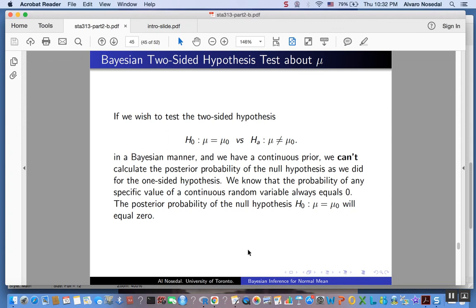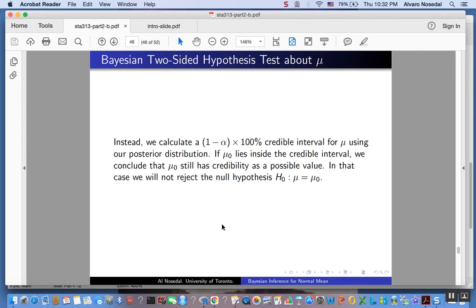So what we have to do is compute the credible set, right? And then if mu naught is not contained in that credible set, then you reject. Make sense? And of course, if it is contained in the Bayesian credible interval, then you can't reject H0. Okay?